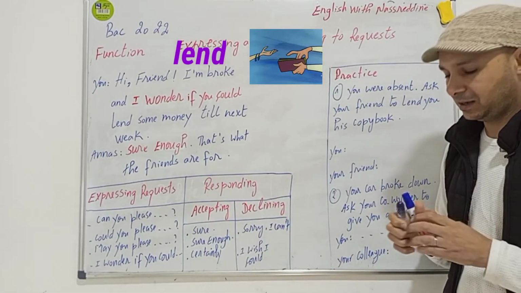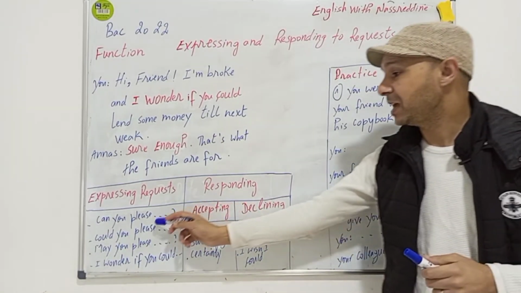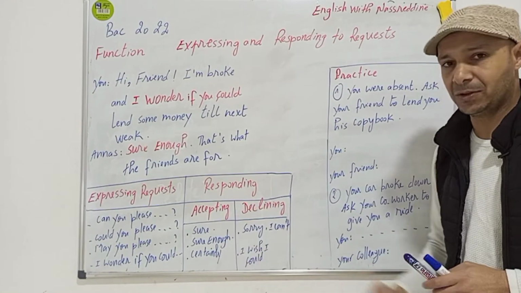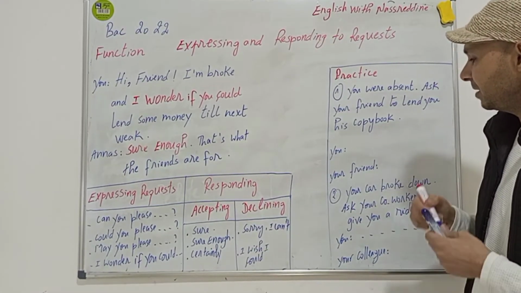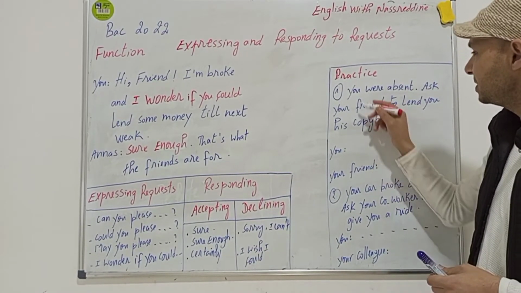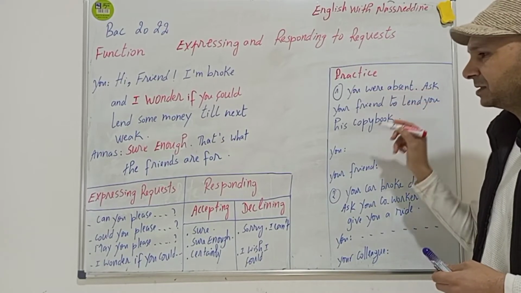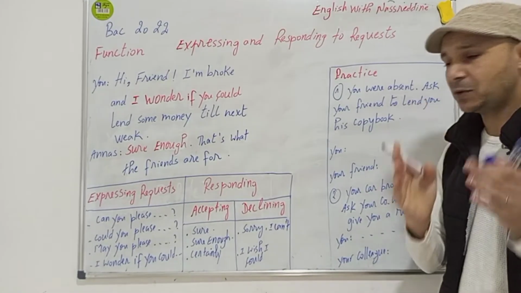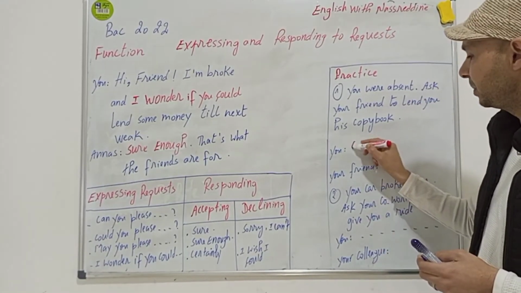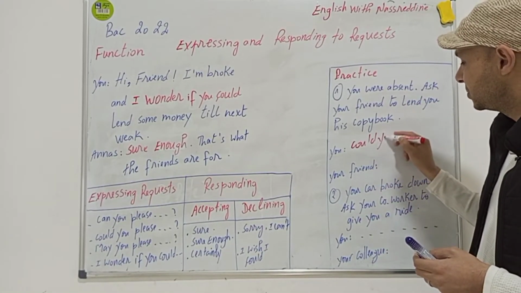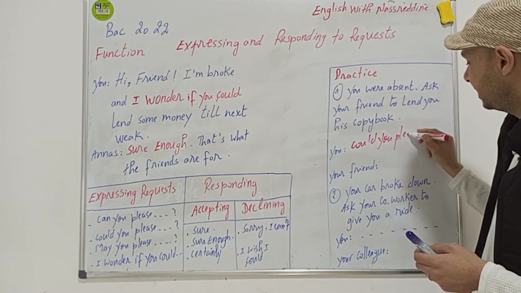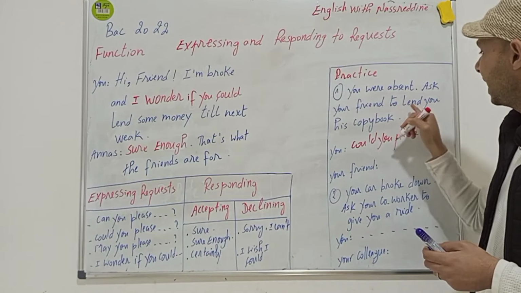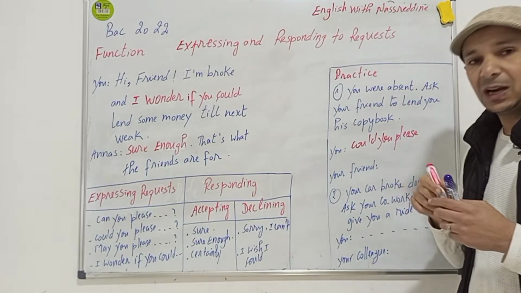So what would you say? That's your friend, so you can use an informal expression. And if you want to sound more formal, you can use the other ones. For example, you can say, I was absent and I wonder if you could lend me your copybook. Or you can go straight to the point and say, could you please lend me your copybook?